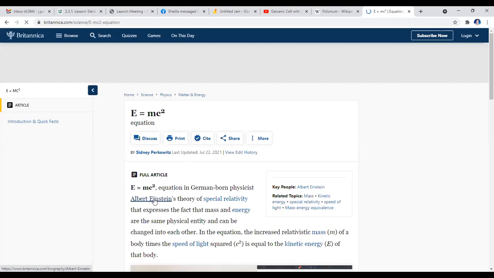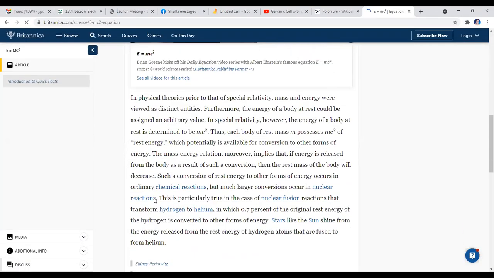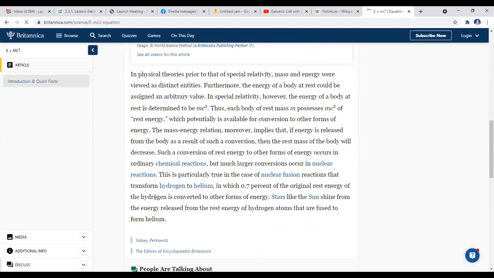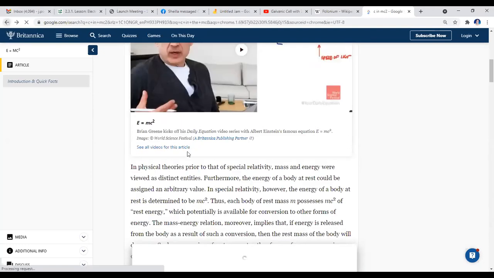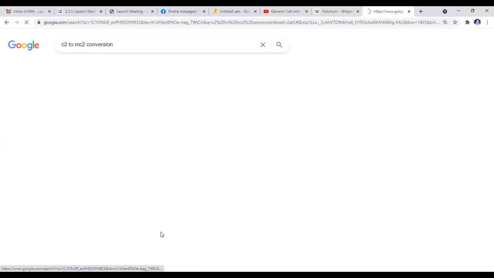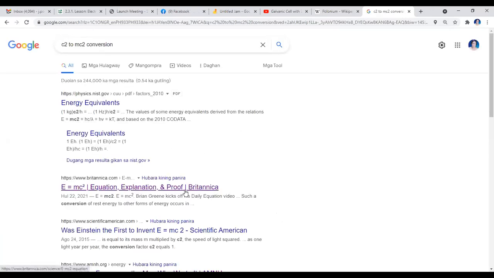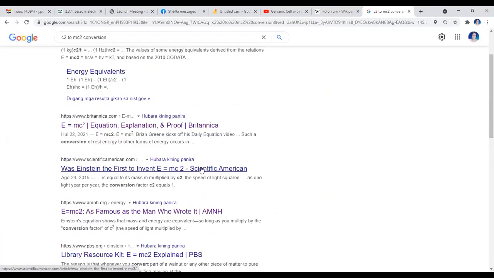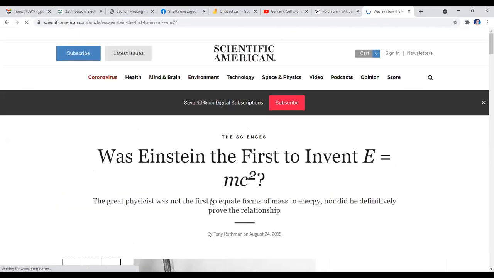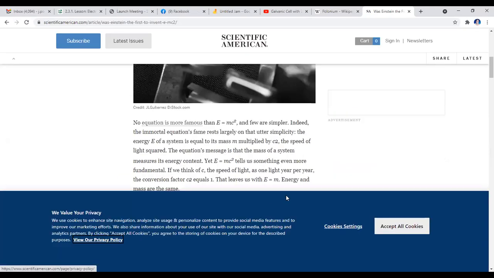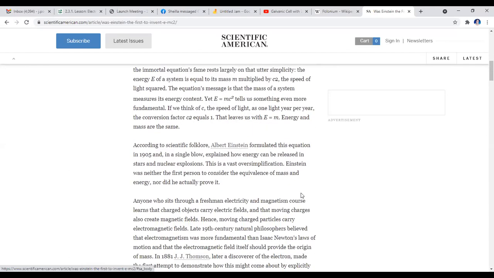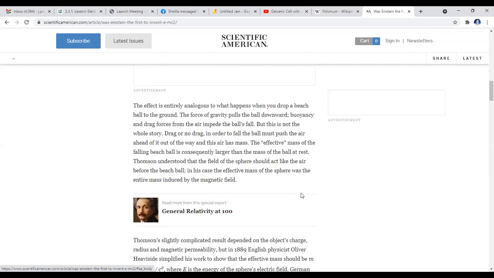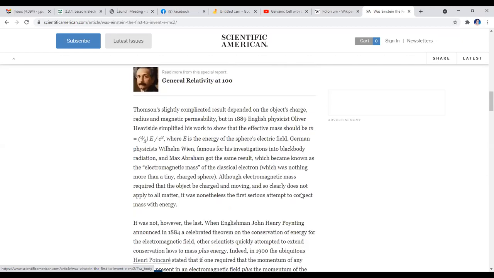Britannica. Nobody has disputed Einstein's E equals mc squared until now, meaning the great minds still agree with this guy.